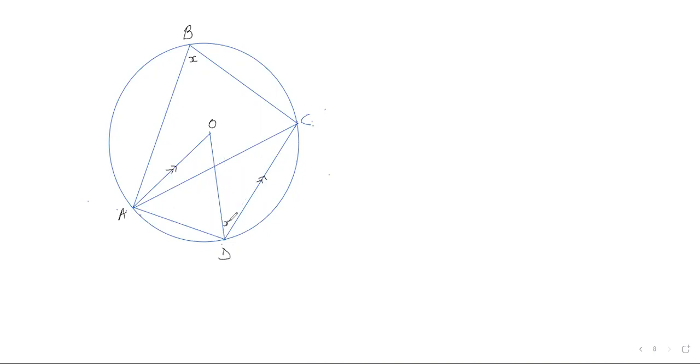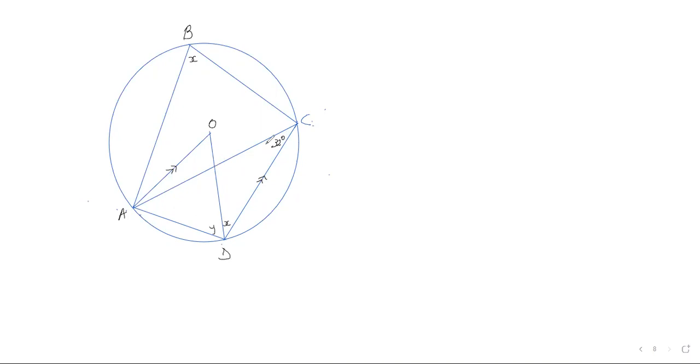This here is X. This one here will be Y. And that will be 32 degrees.